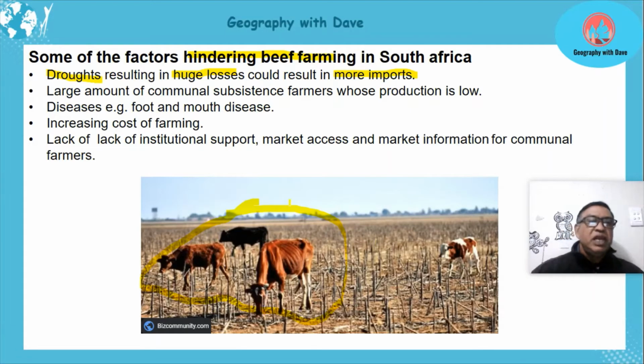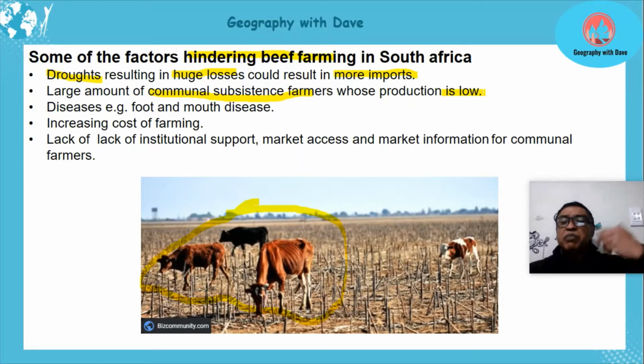Then there is the large number of communal subsistence farmers whose production is low. This can be a negative factor in terms of producing beef to a large extent, because their production is low, especially when consumption starts to get higher than production.